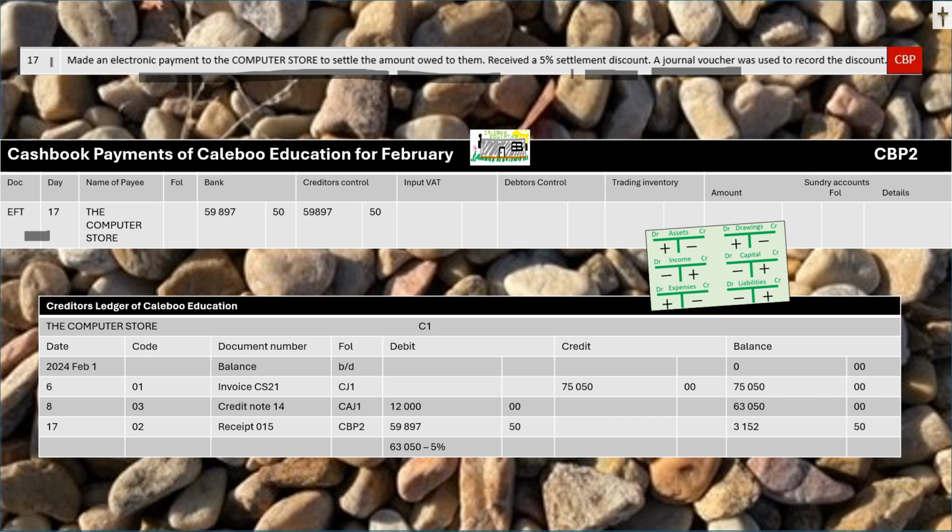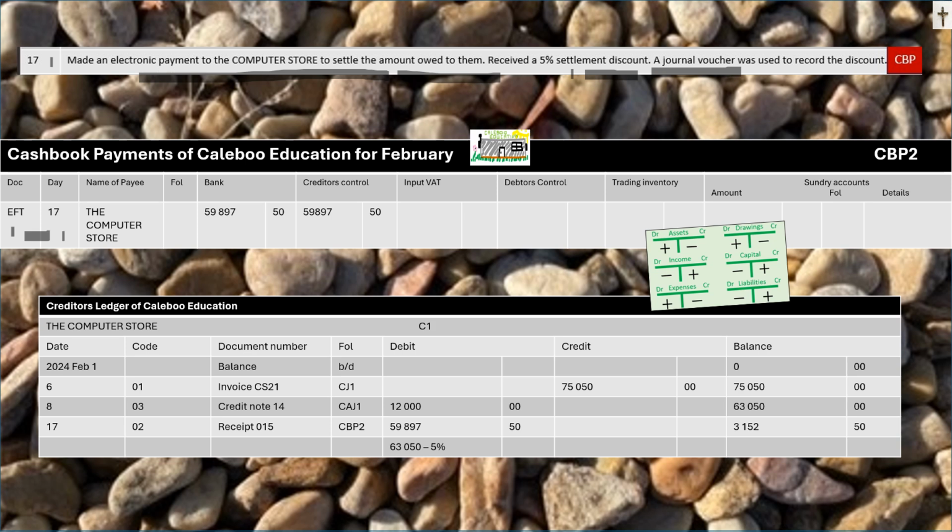It was an EFT, so on the document we've got EFT, and normally you would have, let's say for example, a statement from the computer store. So you make an EFT on an invoice or a statement. It must be attached to the electronic funds transfer payment.